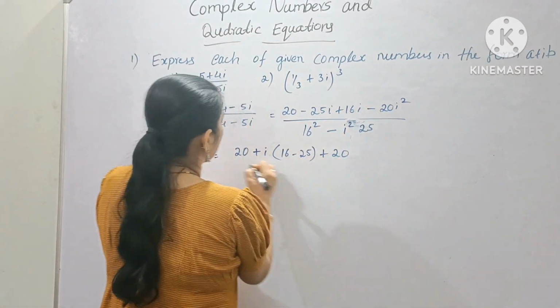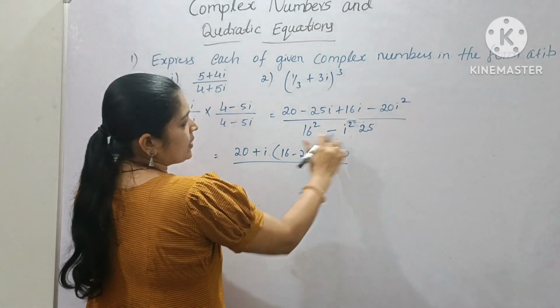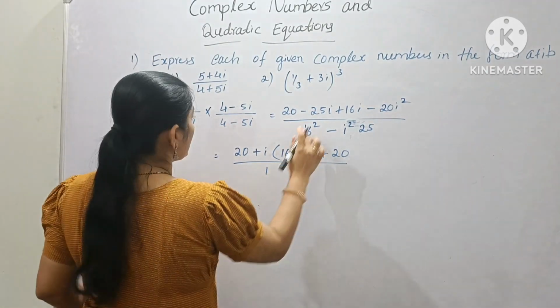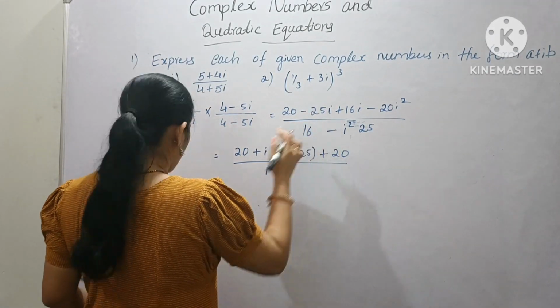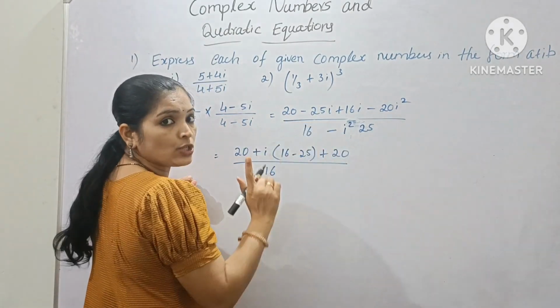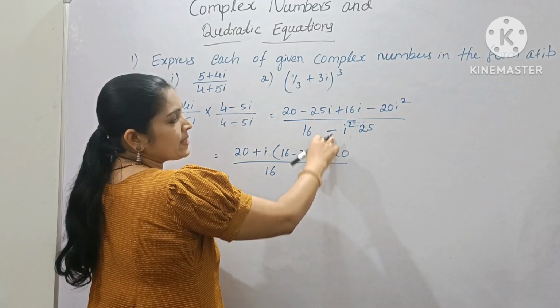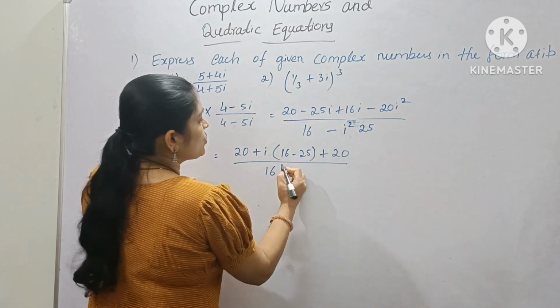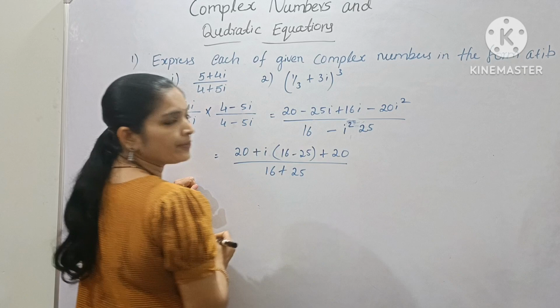Plus 20, divided by, here also 4², that is 16, and 16 i², where the value of i² is −1, so −1 into minus becomes plus, so 16 plus 25.